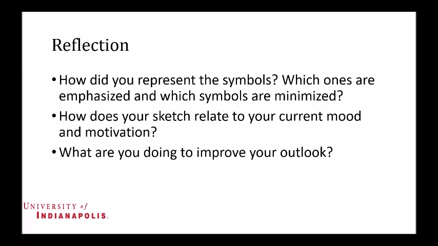And the final question is sort of your challenge going forward. What are you going to do to improve your outlook? So think about your drawing, think about your current mood. How do you want your drawing to look tomorrow, next week, next month, years from now?